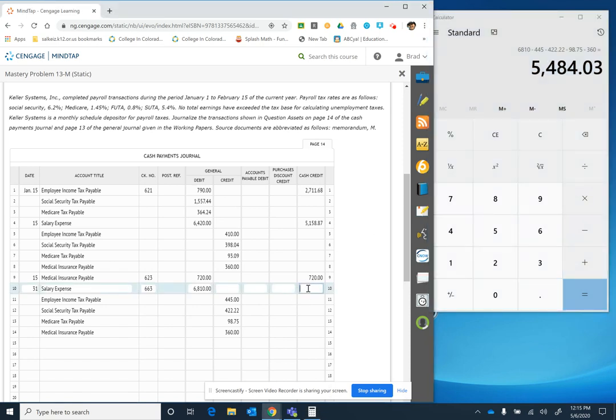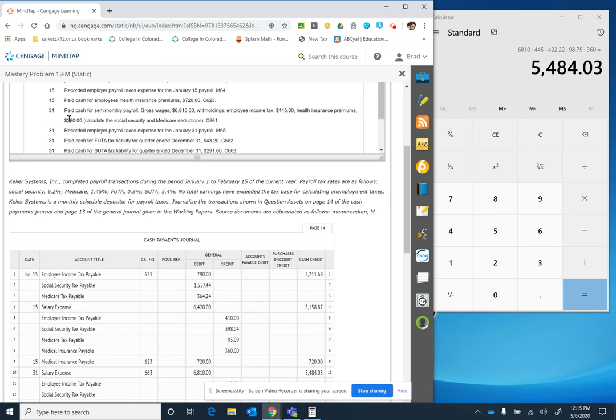So we're going to write a check to our employees for $5,484.03. And again, that's the money that they've earned from January 16th to January 31st. Great. So we took care of the cash payment for semi-monthly payroll.